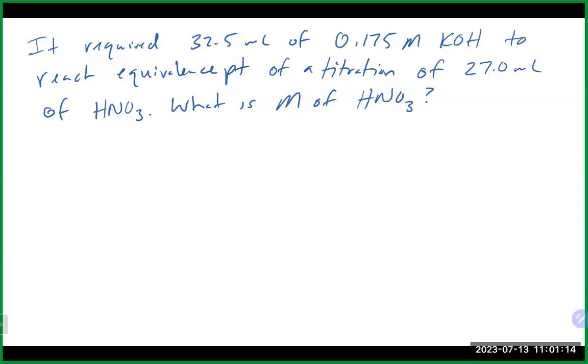Yeah, so let's take a look at this one. Once again, this is another titration type problem, so definitely need an equation. So we're going to do our nitric acid plus our potassium hydroxide. Once again, acid-base reactions, really double displacement reactions. You could think of them as positive, negative. But again, we always know water is usually a product, and that comes from the acid H plus and the OH minus from the base.